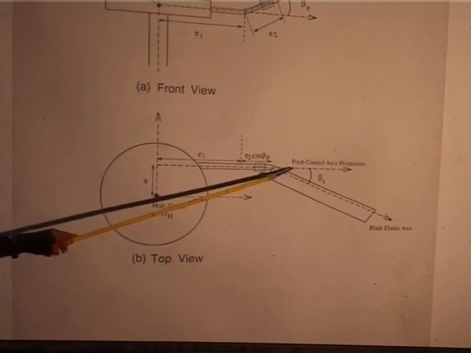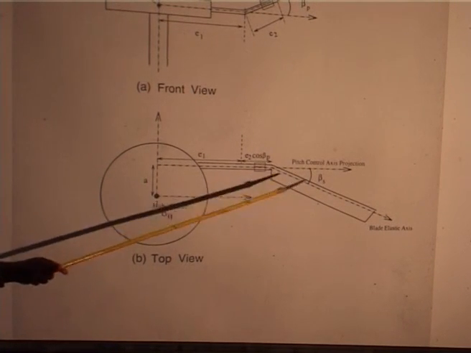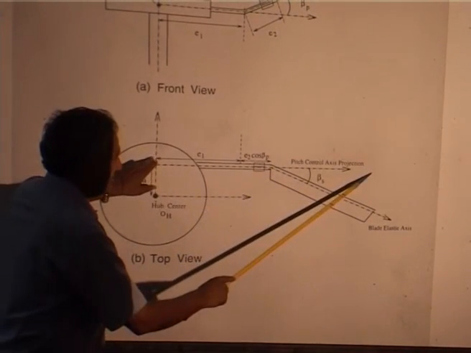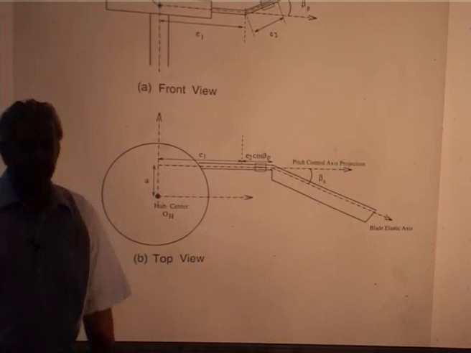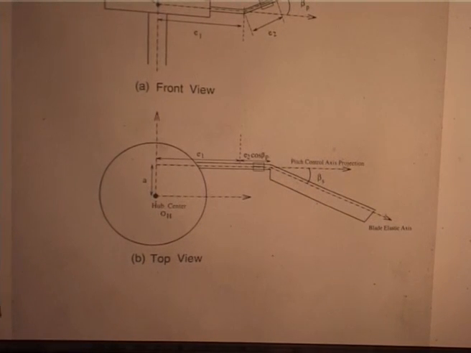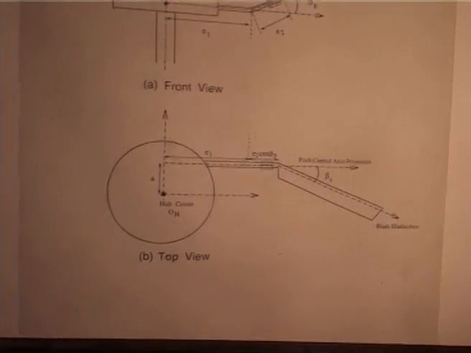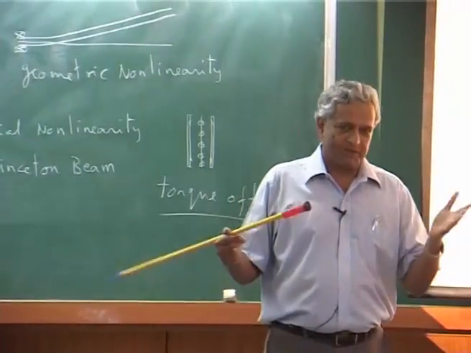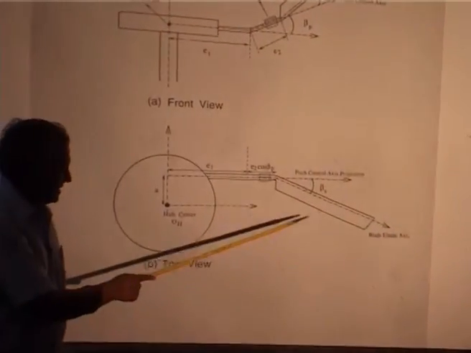And of course, I have exaggerated this. Suppose you have a tip, the blade can be straight and the tip element can come here. Only the tip, one small section of the blade, can be swept back, that is a tip shape. So the entire blade is swept, but of course, no blade is made like this.